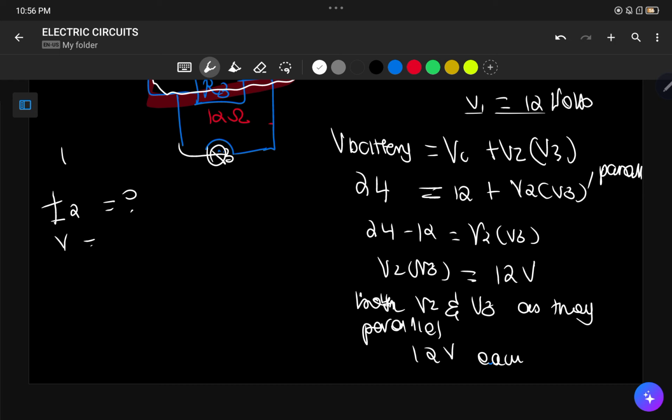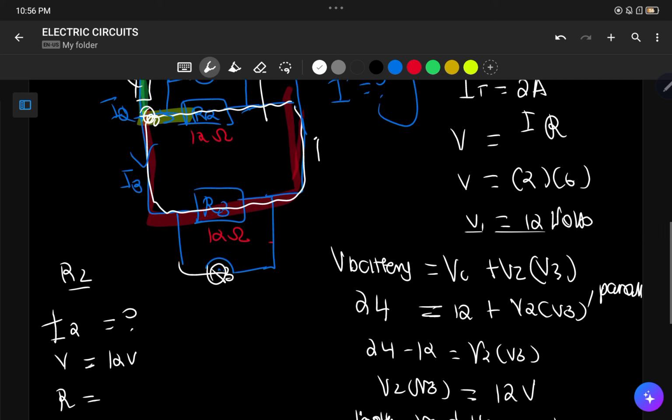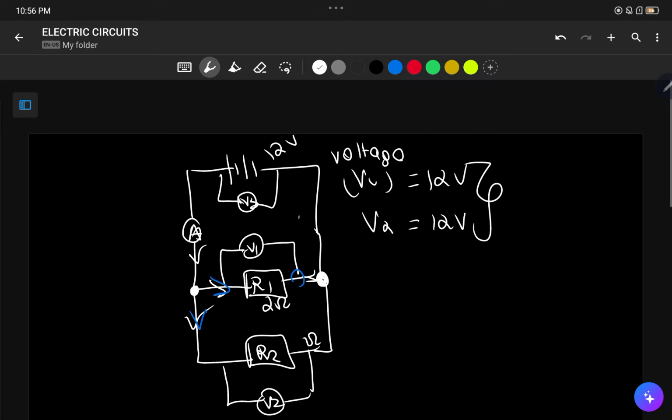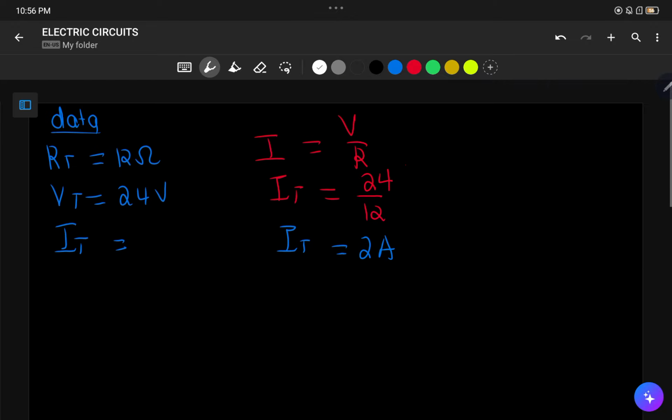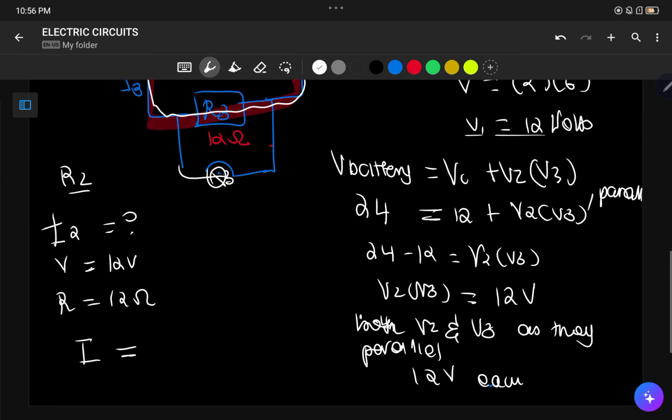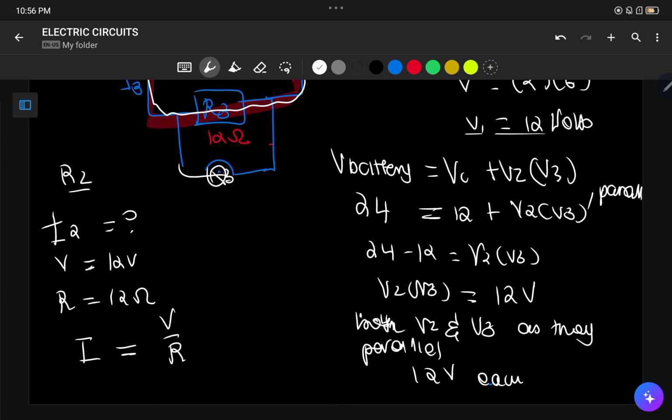But because in R2 you already have the voltage, which is 12 volts, and the resistance, which is 12 ohms, it'll be easier to use the formula I is equal to V divided by R. Substitute V, which is 12, and R, which is 12, and it's going to be 1 ampere because 12 divided by 12 is 1.